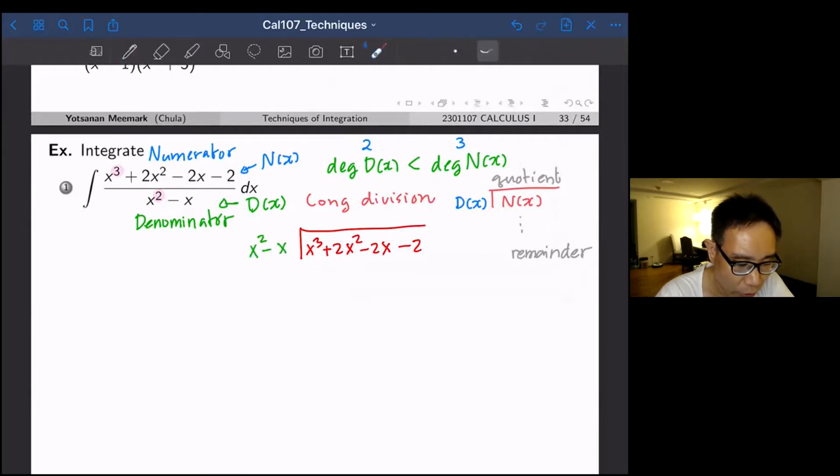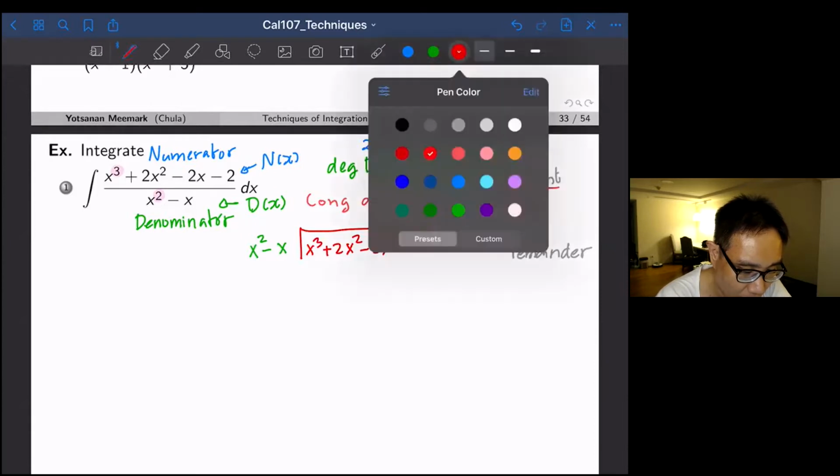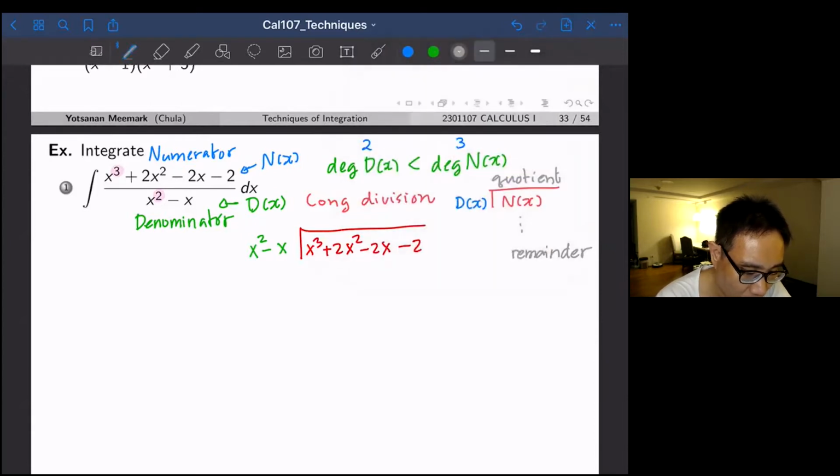You use x squared to divide x cubed, which equals just x. Then you multiply this x with x squared minus x, so you get x cubed minus x squared.